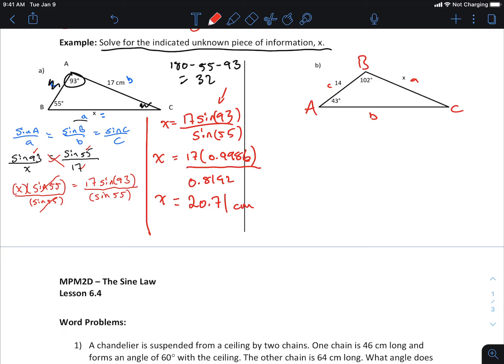Okay? Now, write out sine law right off the get-go. Sine A over A is equal to sine B over B is equal to sine C over C. Fill in the information you know and don't know.